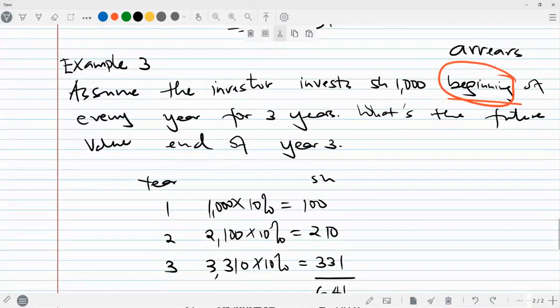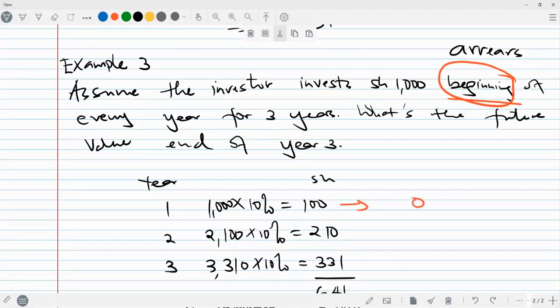So if in this example the cash flows are occurring at the end of the year, the difference here is that you don't forget in year 1 you don't earn any interest. Year 1 there is no interest to be earned if you are investing at the end of the year. Year 0 you earn nothing.